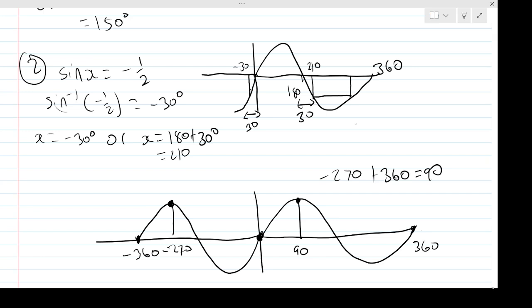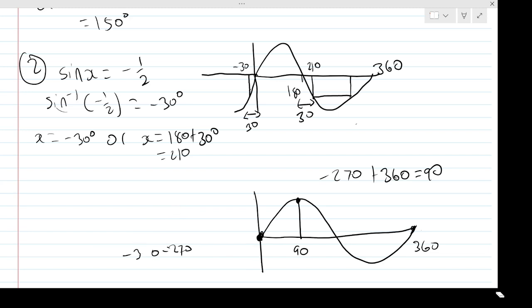Which means, because the graph repeats itself every 360 degrees and goes on and on, we can keep adding or taking away 360 and get the same sort of point. And we can use that to find other solutions.